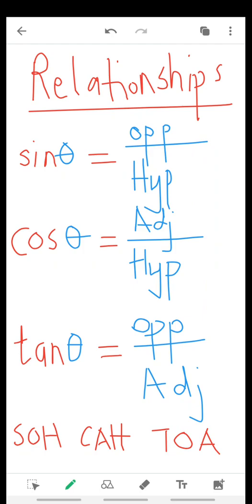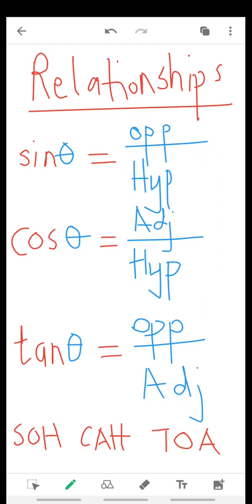So theta will be positioned in your triangle, and there will be a side facing theta, a side next to theta, then the longest side of the triangle. Now, when we have such a case, sine theta is equal to opposite over hypotenuse. Okay, that's the first relationship. Now, the second relationship will be cos theta.